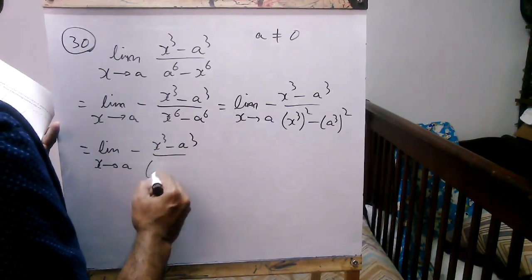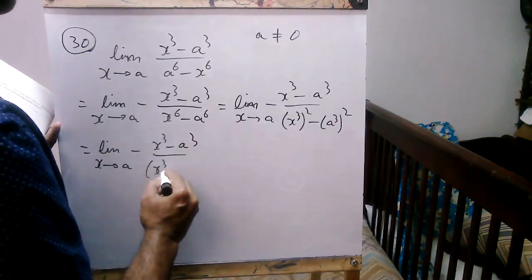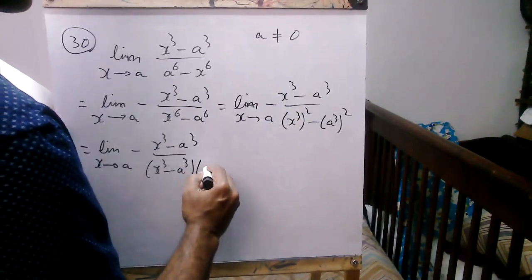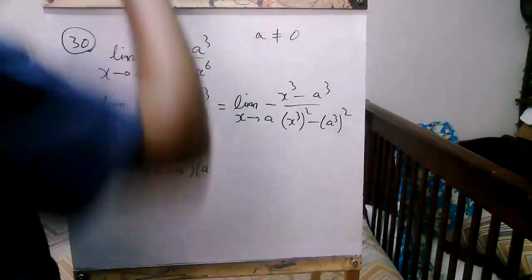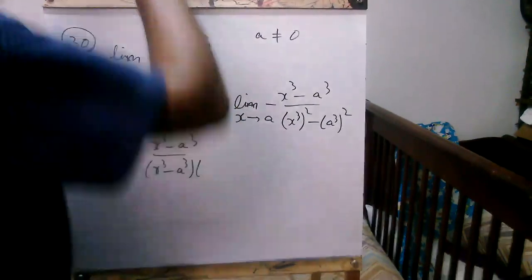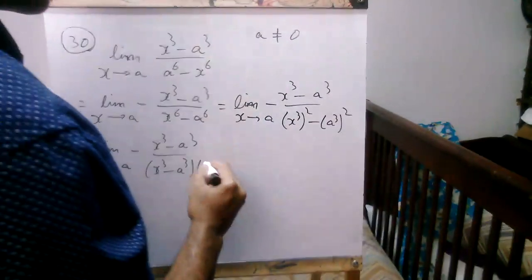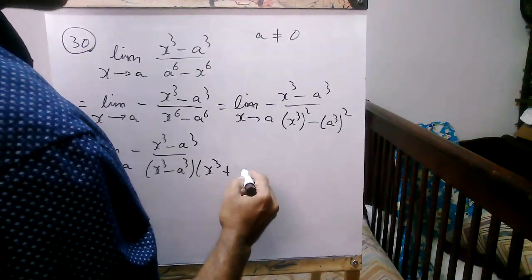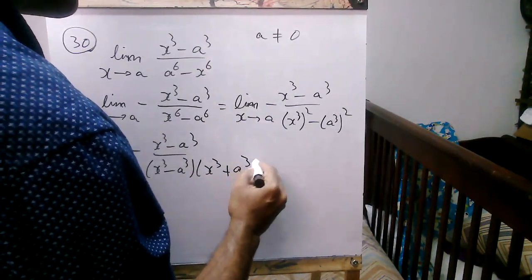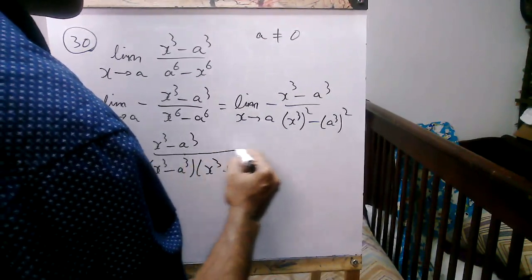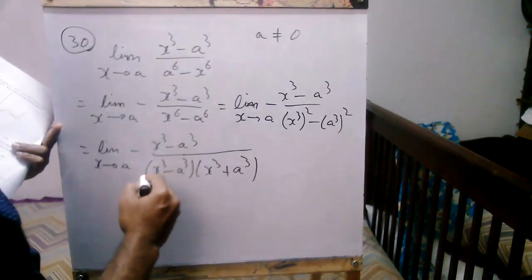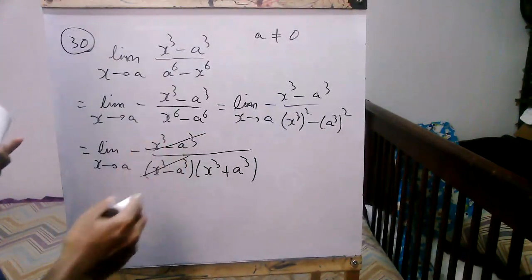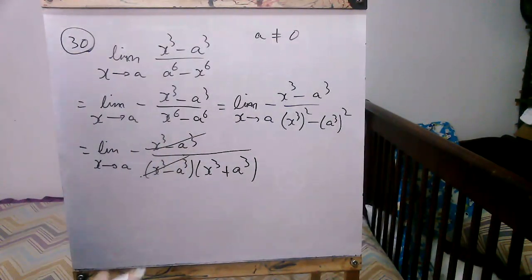This is x cube minus a cube times x cube plus a cube. So this cancels out, x cube minus a cube.